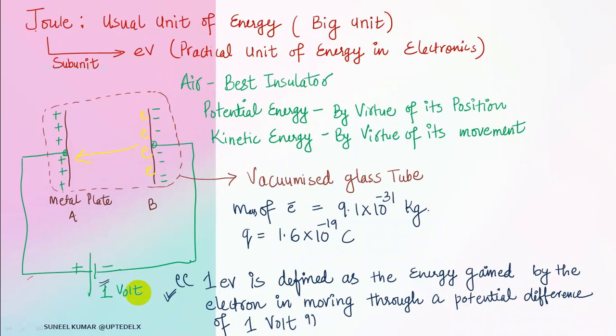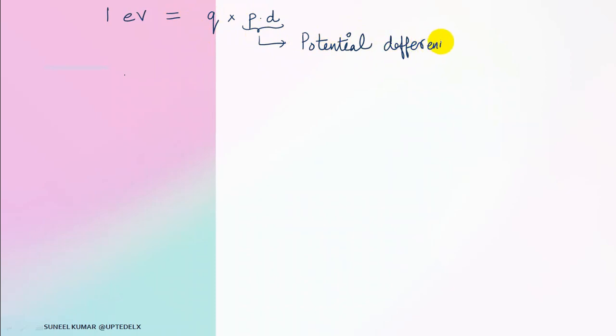Now we can see that 1 electron volt is basically Q into the potential difference. 1 electron volt can be written as Q into potential difference.